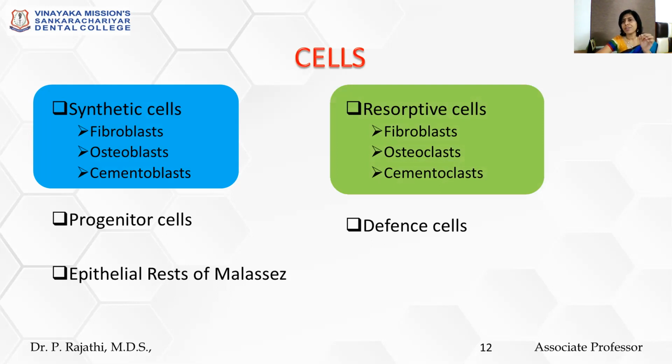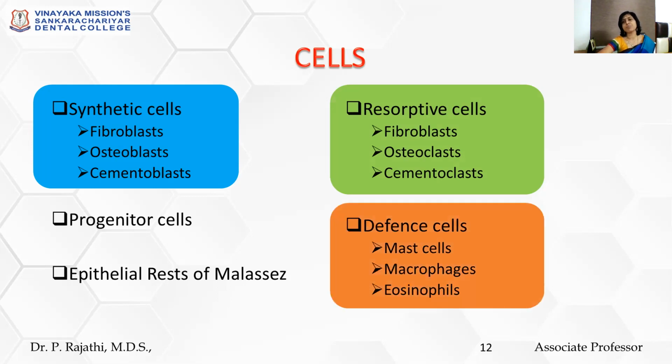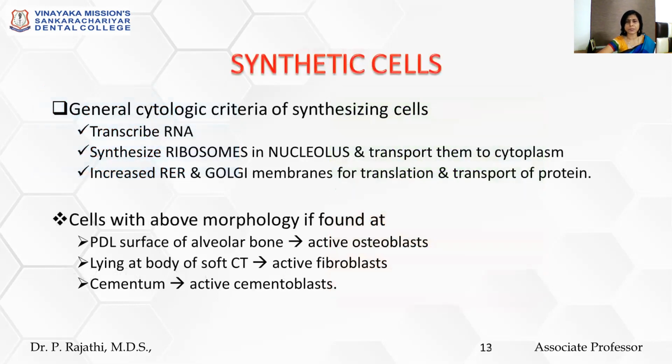Note here, fibroblasts are the only cells which have a dual function of both synthesizing collagen and destroying collagen. So it is going to both degrade the collagen and synthesize the collagen. The only cell that ends with blast that is going to destroy is fibroblast, right? Next, coming to defense cells, you will be seeing mast cells, macrophages, and eosinophils in the periodontal ligament.